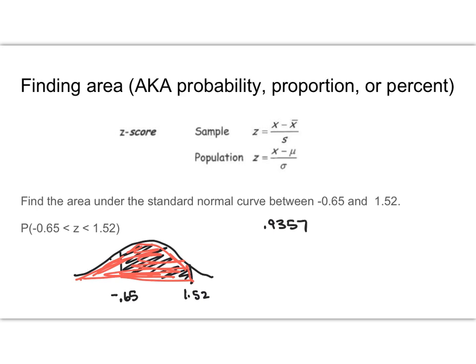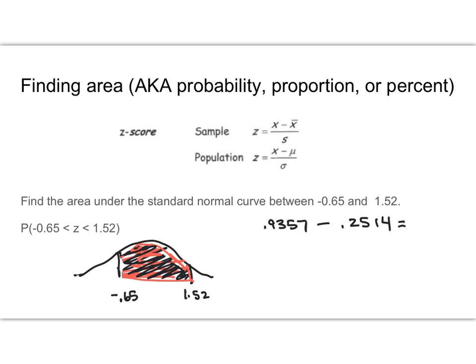Now, if I want just the area in the middle, if I subtract this area here, the area to the left of negative 0.65, then I'm going to be left with just this area that I'm looking for here. And if I go back to the problem I did before, that was 0.2514. And that's how you get an area in the middle.